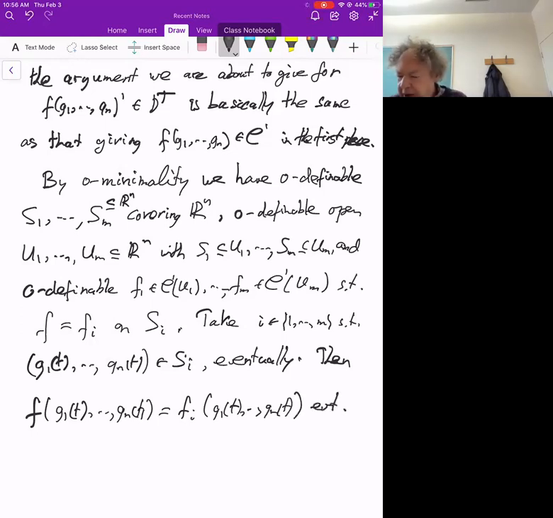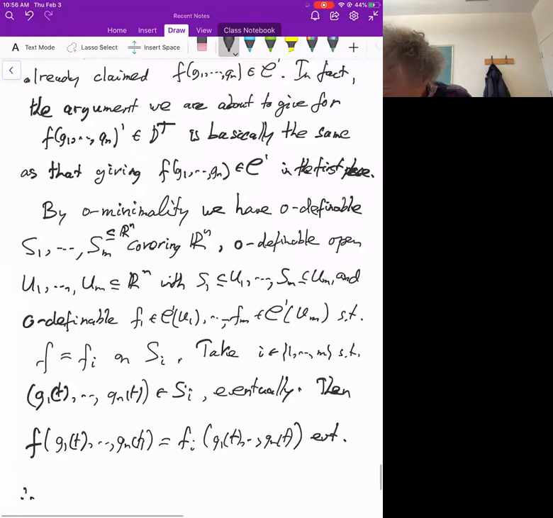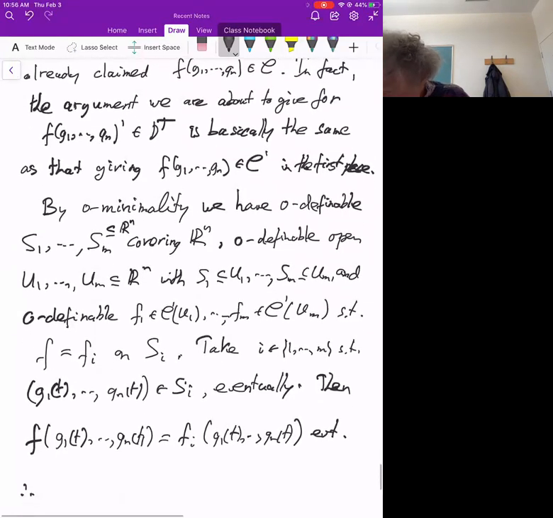And now Fi being C1 on this open set, we can take the derivative. G1 up to Gn are eventually C1, since they are elements of an R-tilde-Hardy domain, and Fi is C1, so you can take the derivative.